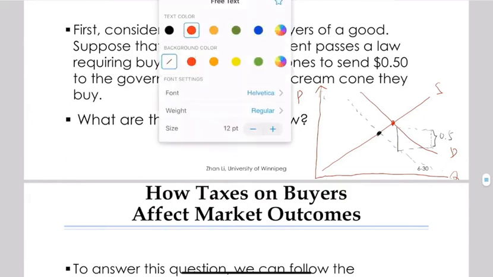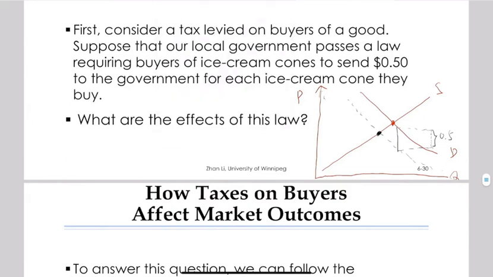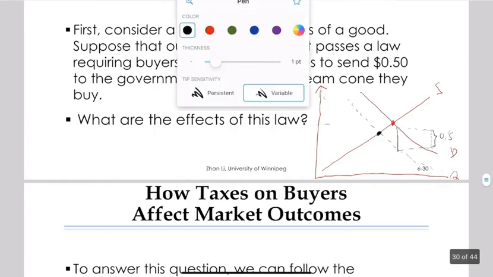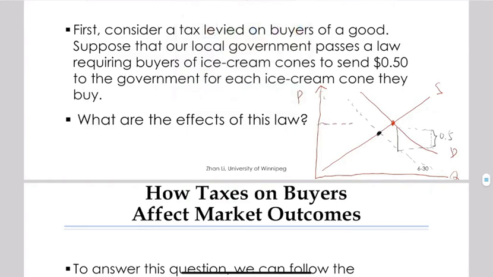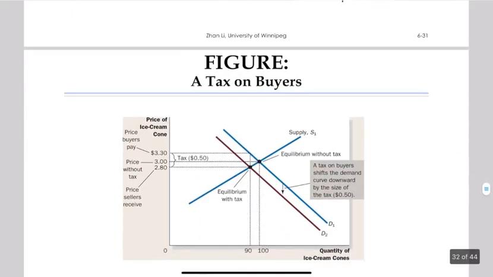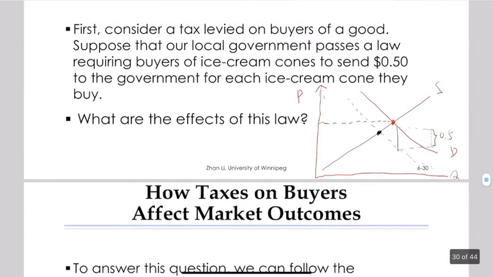So, previously, the equilibrium price was here. Okay, I'll just copy the number from the lecture. Let's say the original equilibrium price was $3.